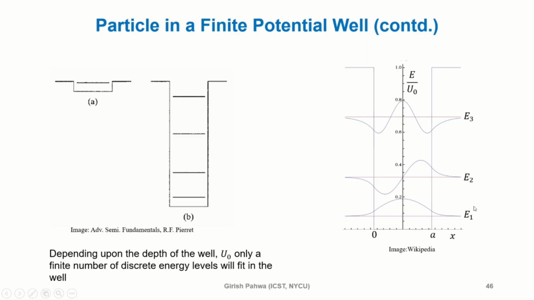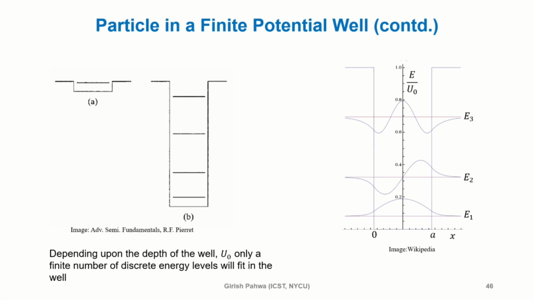Classically, what is the energy? Energy is your total mechanical energy, and if your total mechanical energy is less than the potential energy, is it possible classically? It's not classically possible, because the total energy has to be equal to the sum of kinetic energy plus potential energy. If your total energy is less than the potential energy, it means your kinetic energy is negative. Kinetic energy has to be positive, right?